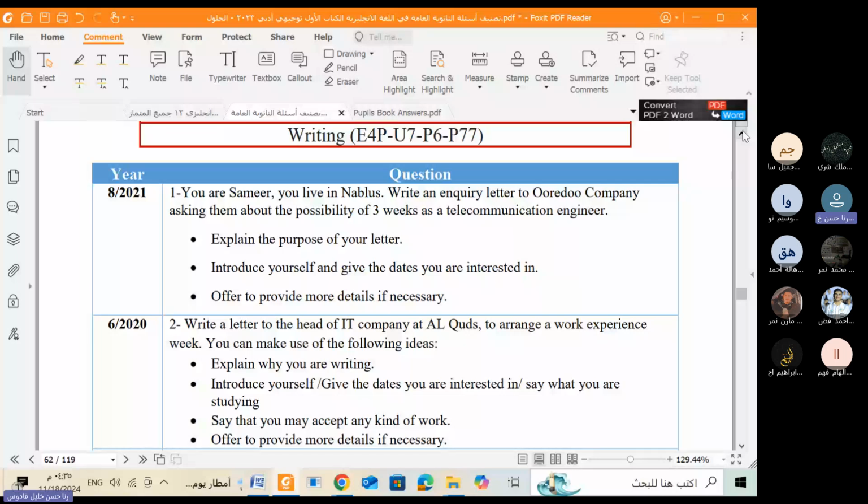I'll try to show you an example of a general inquiry letter. I hope that's it. No, not this one, so sorry. That's it. I present it here for you.